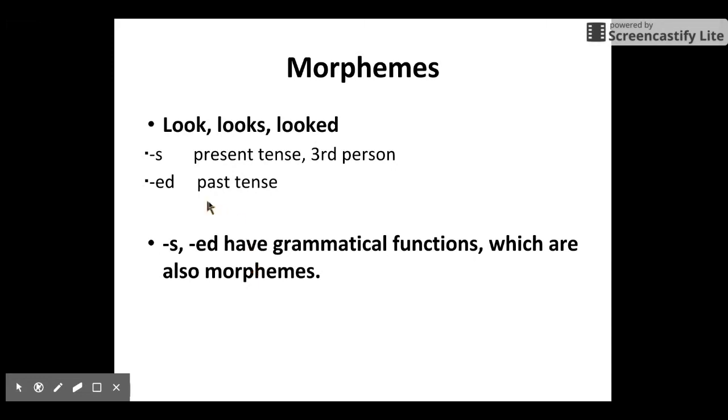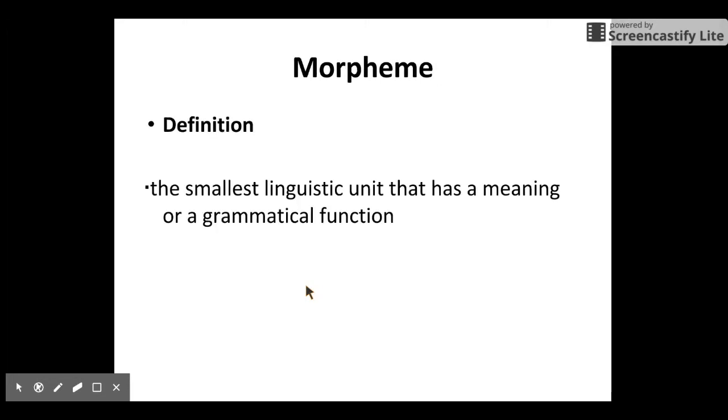For example, third person s, looks is s, and looked is ed. They do not have really solid semantics, but they do have some grammatical function. So the definition of morpheme is the smallest linguistic unit that has a meaning or a grammatical function.